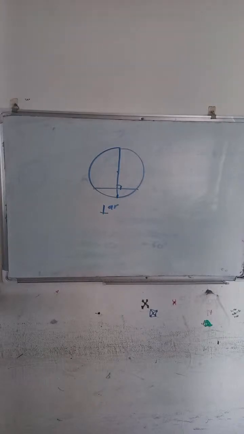Now the next question I will read out, you can listen because just now we did one question on this. Opposite angles of the parallelogram are: A supplementary, B complementary, C equal in measure, D interior.